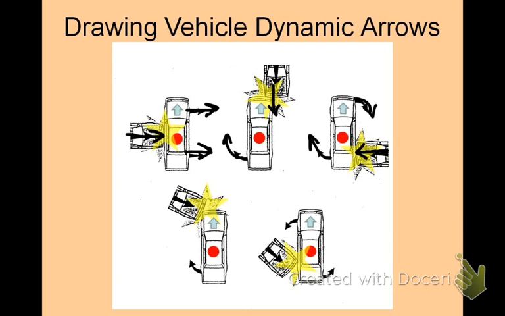Left front or left driver's side impact here is going to bring the front of the car this way and bring the back of the car around like this. And then right rear impact, driver's side rear impact, it's going to push the rear of the car around to the right, front of the car around to the left.